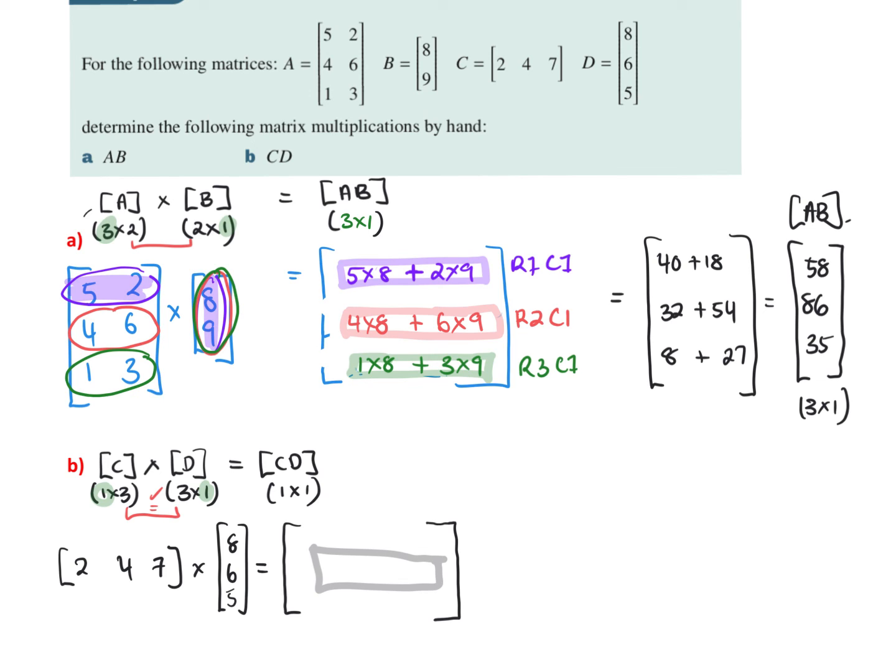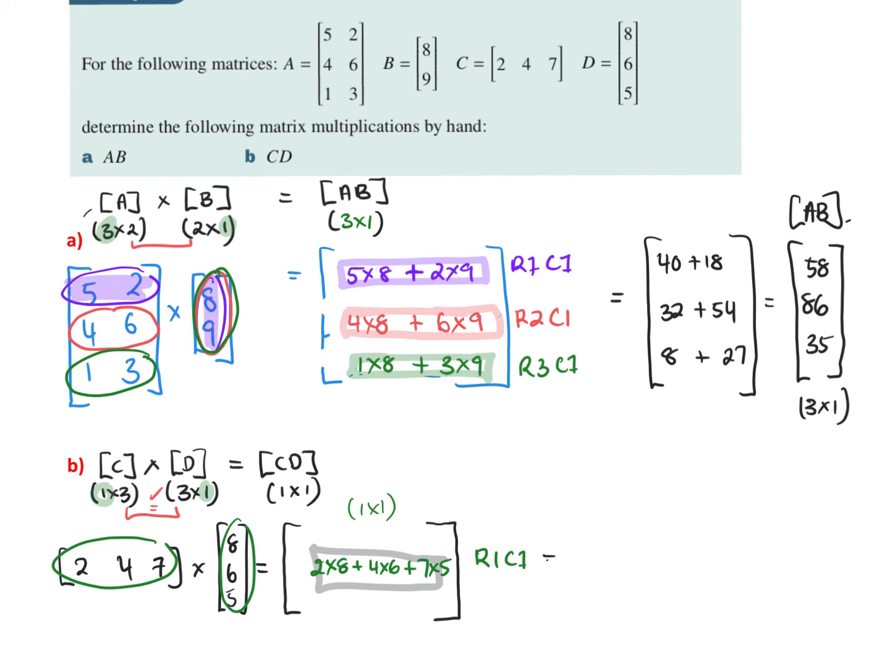If we look at this element here in my answer, because this is a 1 by 1, it would be row 1, column 1. So I'm going to use this row with this column. It's going to be 2 times 8 plus 4 times 6 plus 7 times 5.